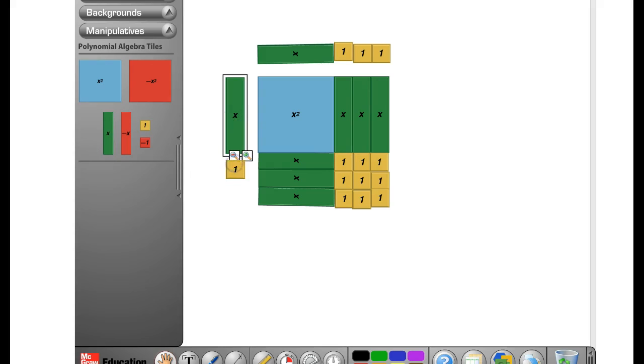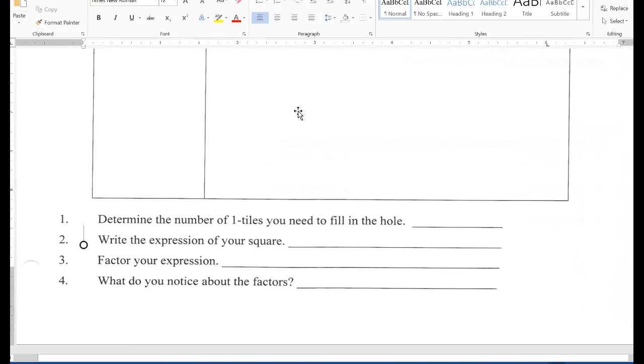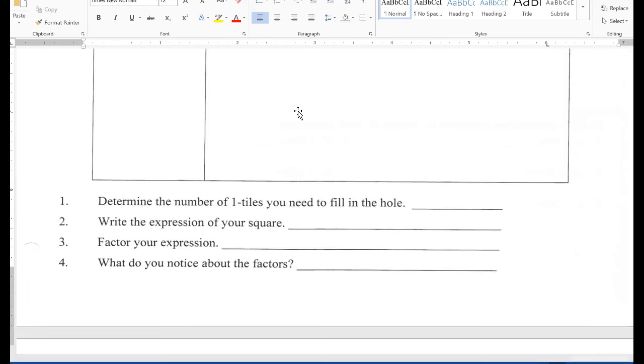I need to account for what's below it. So 1, 1, 1 again, and that defines that dimension. So now I've got x plus 3 and x plus 3, and those are actually my factors. X plus 3 times x plus 3, well, those are two exactly the same, which is why it's a square, because we've got equal sides. So when I go to talk about my factored expression, it's going to be a perfect square.